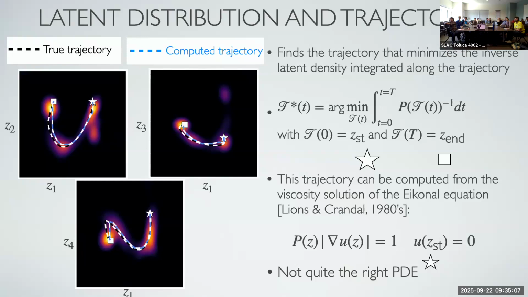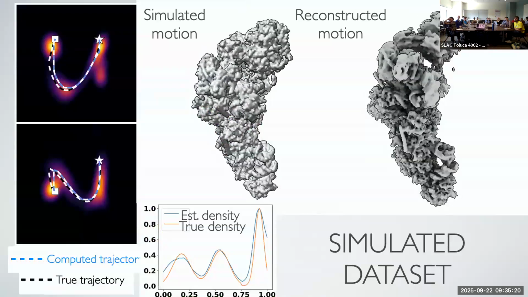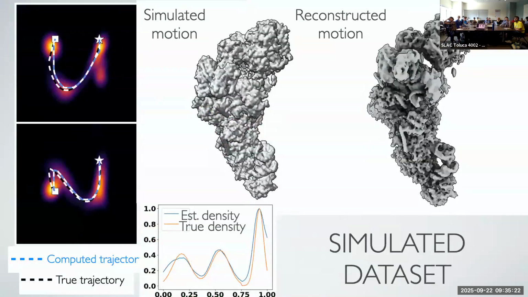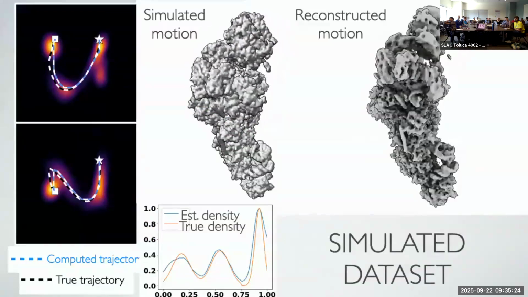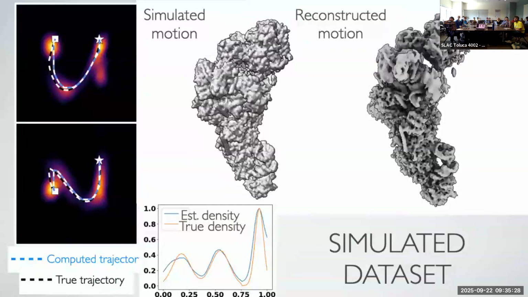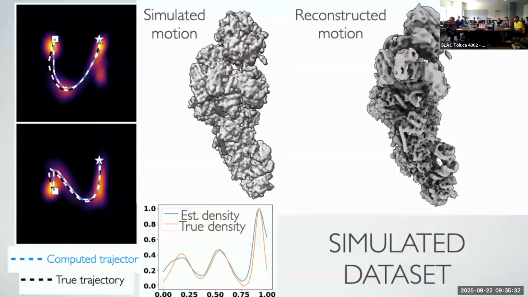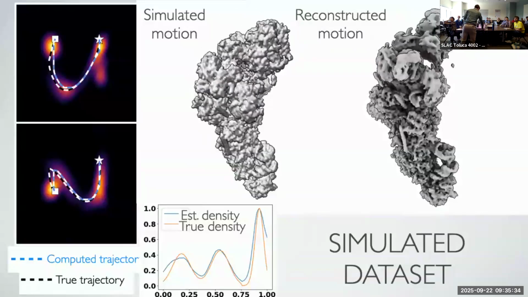It just tries to find this trajectory by solving some PDE, which is not actually quite the right PDE to solve, but it's one we can solve easily at least. Okay, so if I put everything together on this simulated data set, despite the initial embedding being very blobby, we can still recover the density quite well. And from the density, we can recover the motion reasonably well, although not to extremely high resolution.